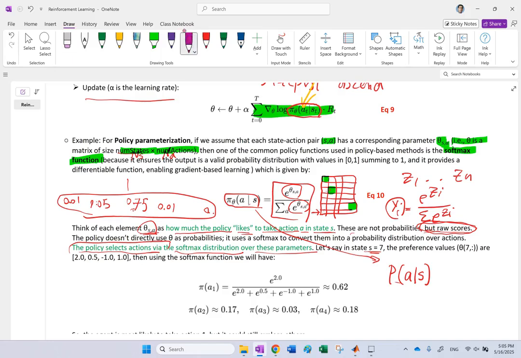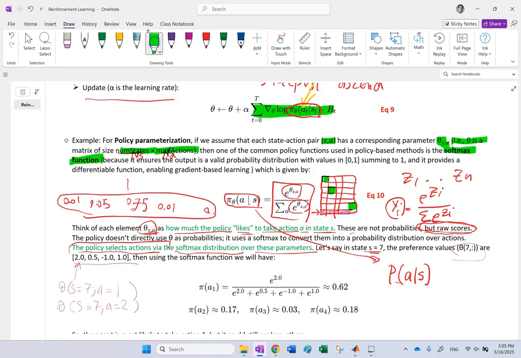For these 4 actions, the theta numbers in the table are these. This is theta of S equal 7 and action equal 1, then theta of S equal 7 and action equal 2, all the way to 4. So you can write them something like this.